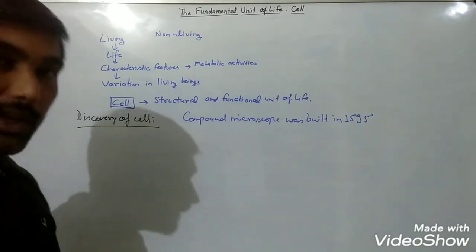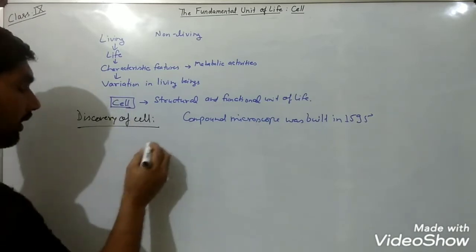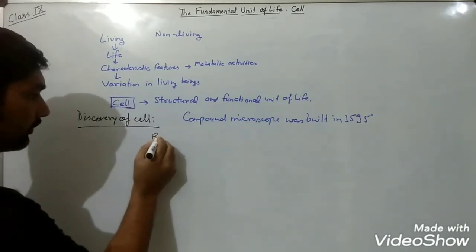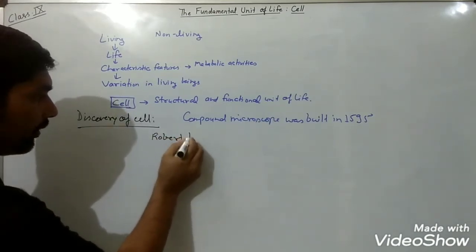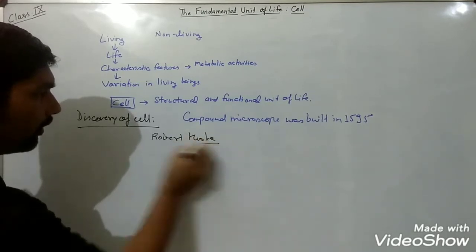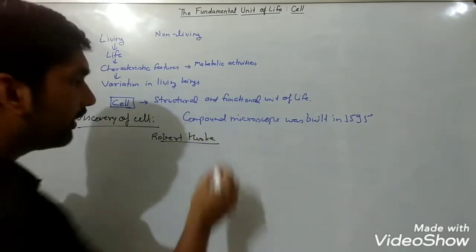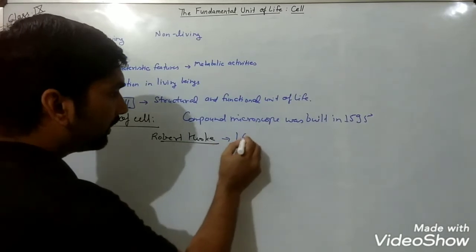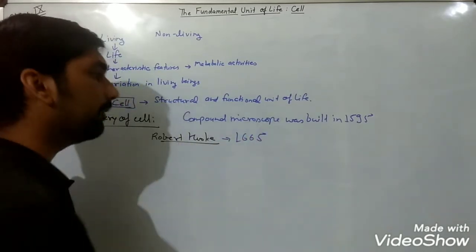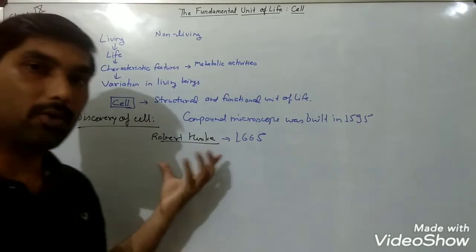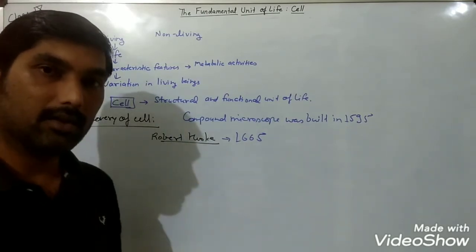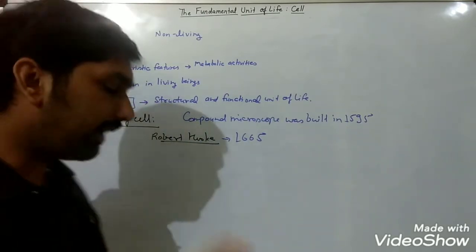So there was a scientist named Robert Hooke in the year 1665. This scientist was studying the cork cell, a thin slice of cork.